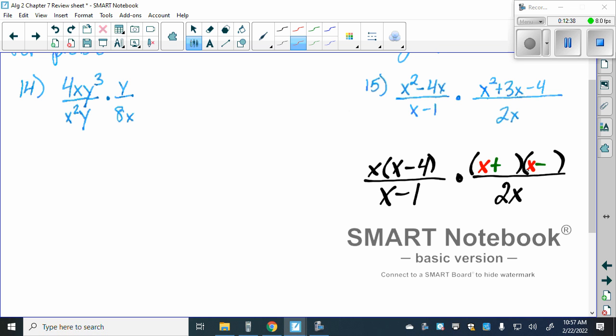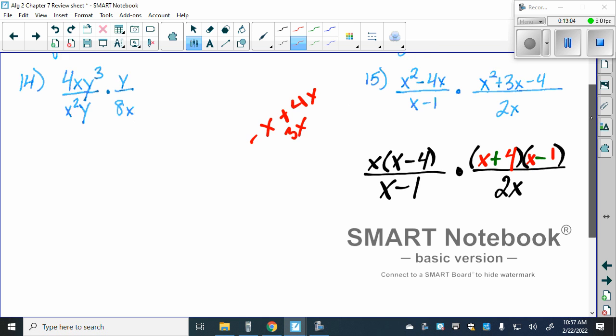So we would need one of these to be x minus 1, which does work, and it would give us a 4, because the factors of 4 that work for this are 4 and 1. And if we check it, we would get x times negative 1 is negative x, plus 4x, which should give us a positive 3x, which is the middle term. So that does work. Any questions on this here before we multiply?